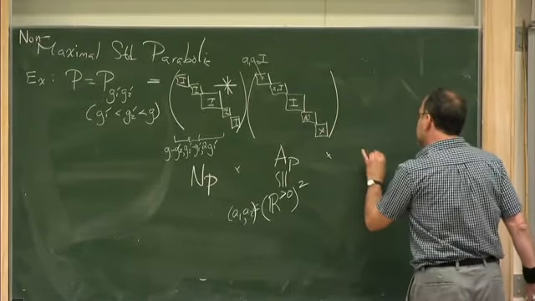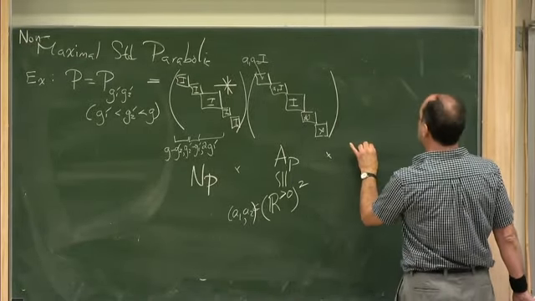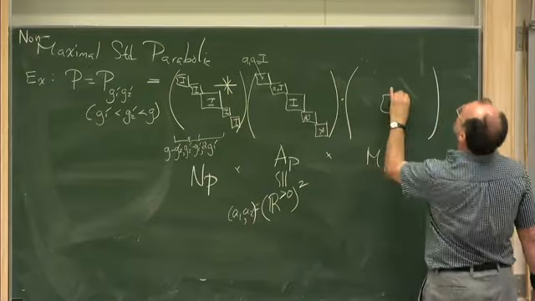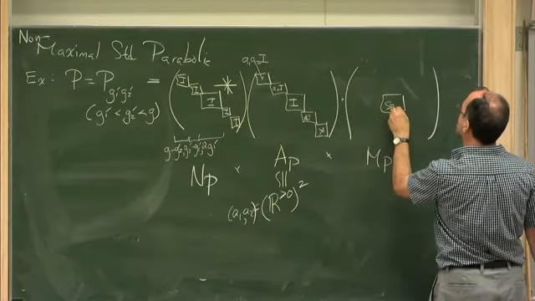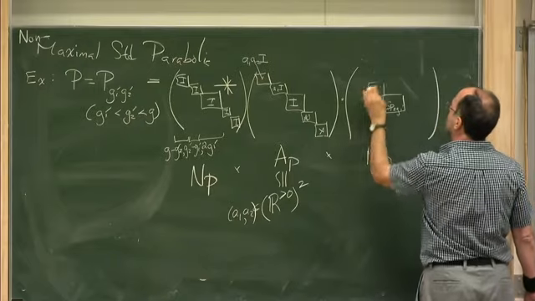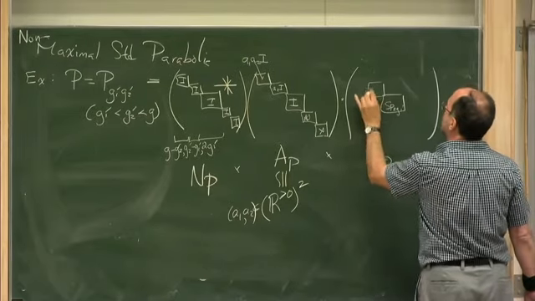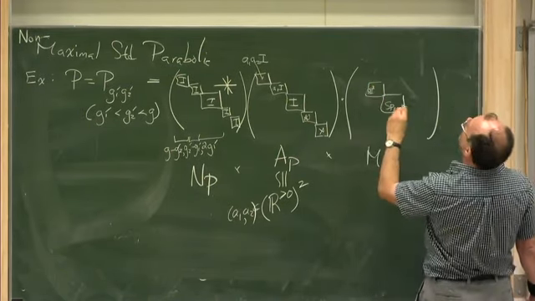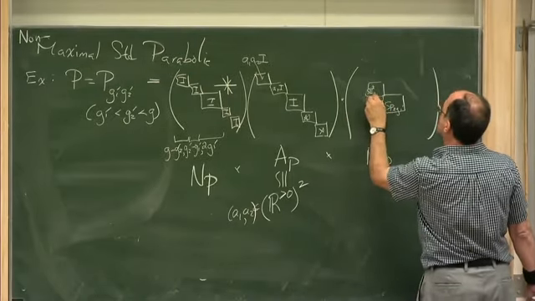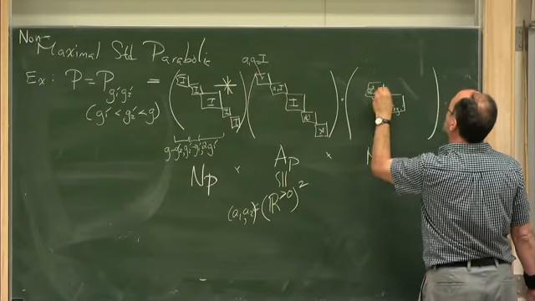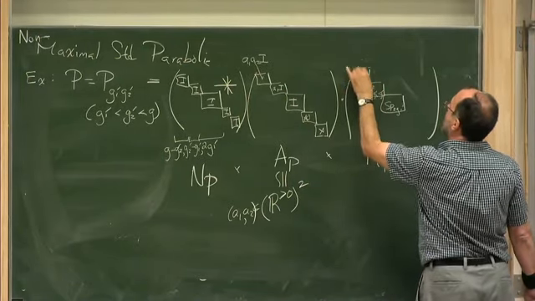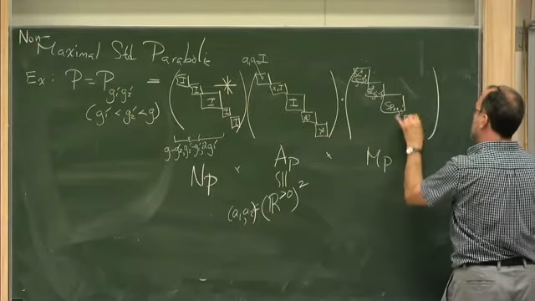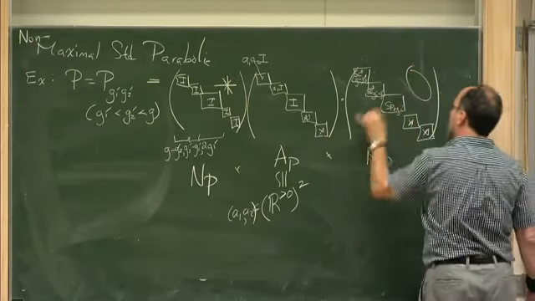And then the MP: you're going to have an SP 2G1 prime, and then an SL plus or minus of G2 prime minus G1 prime, and then an SL plus or minus of G minus G2 prime, and the corresponding things here.